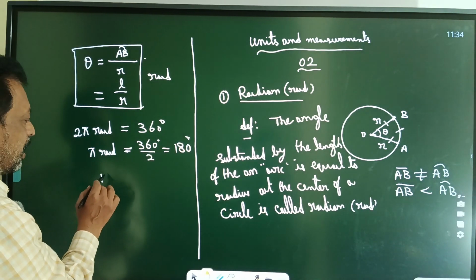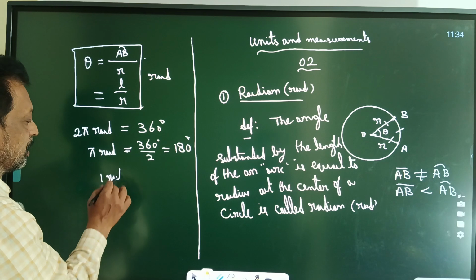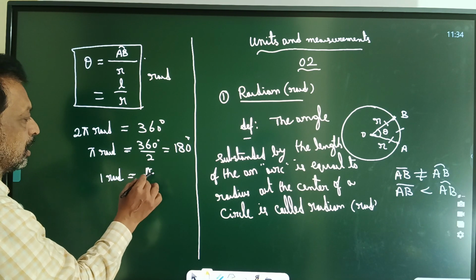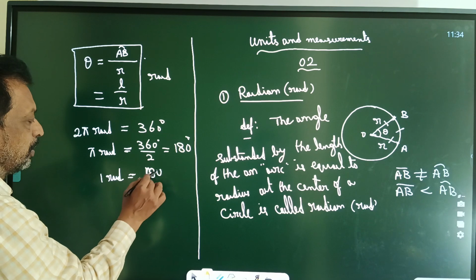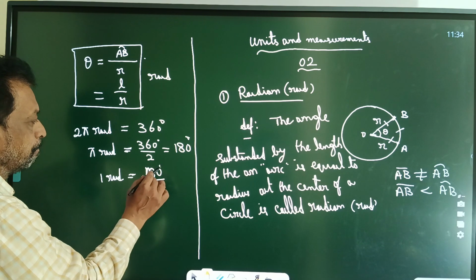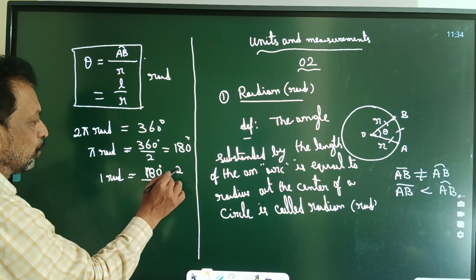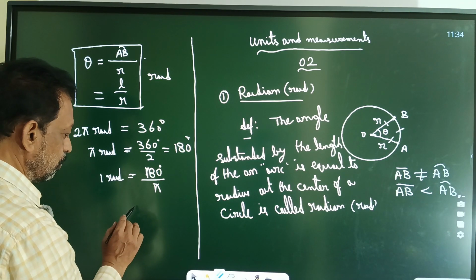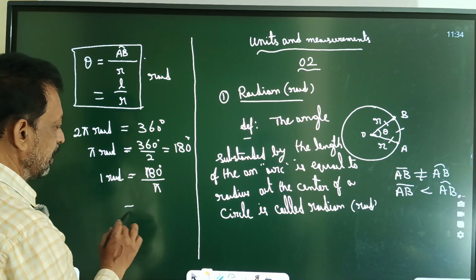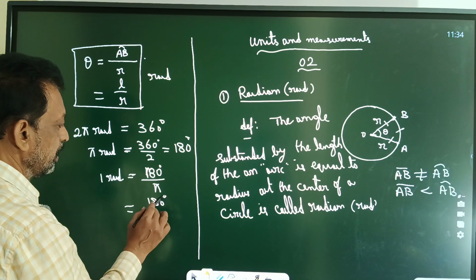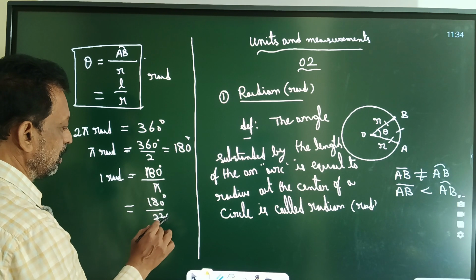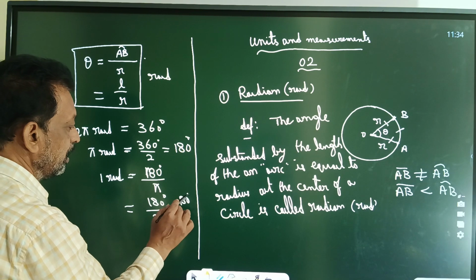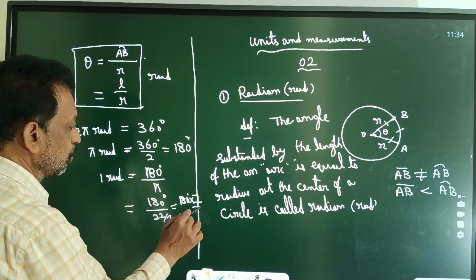Therefore, 1 radian is equal to 180 divided by pi, that is 180 degrees divided by 22 by 7, which is 180 degrees into 7 by 22.